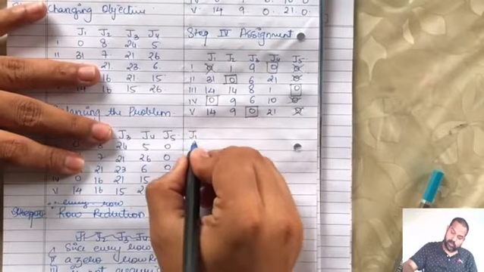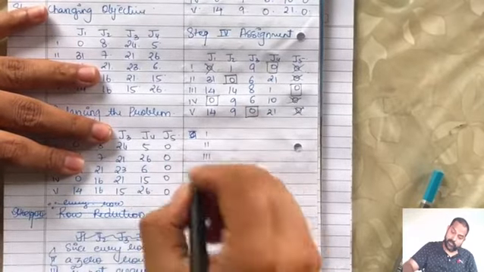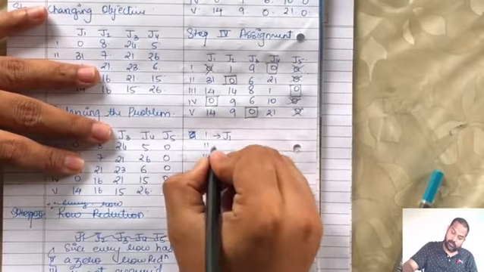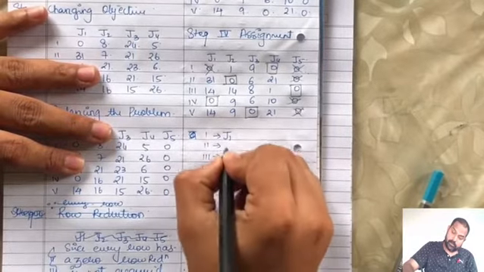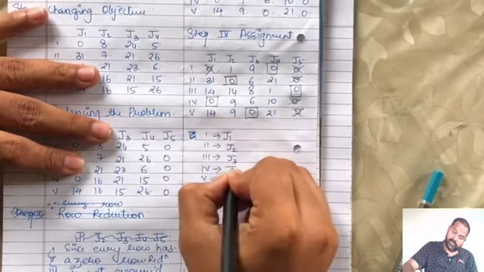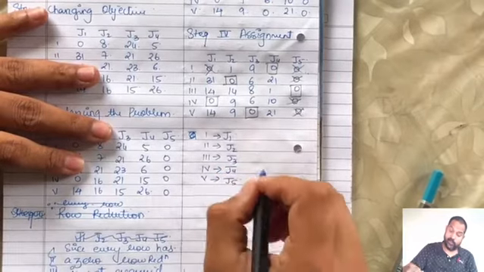1, 2, 3, 4, 5, J1, J2, J3, J4, J5. Oh, sorry.